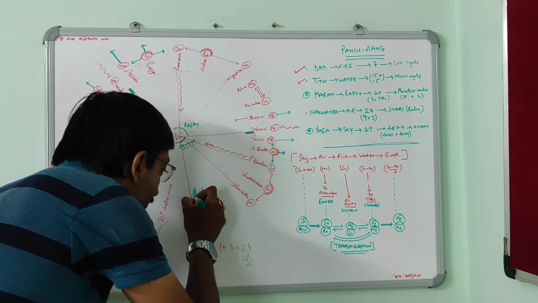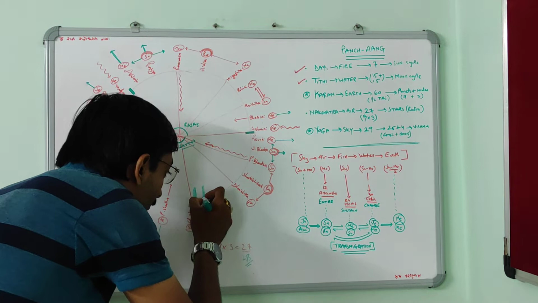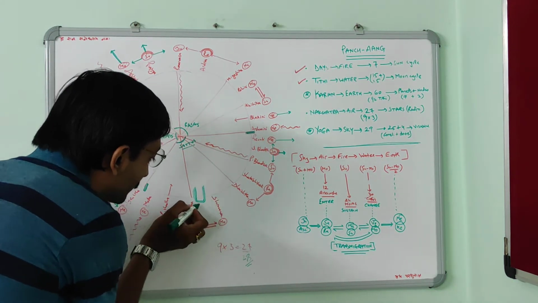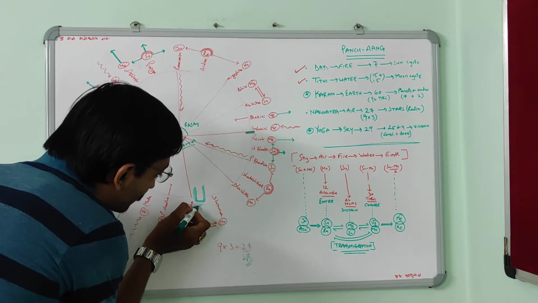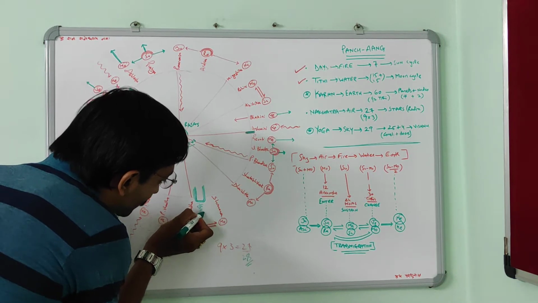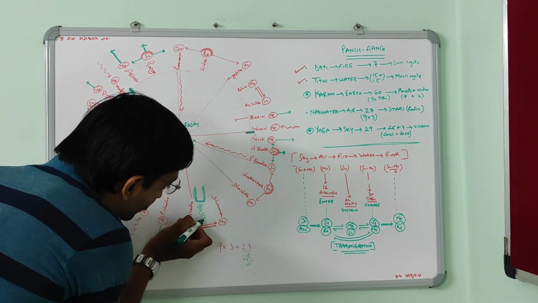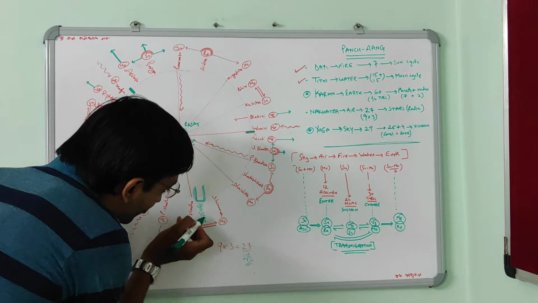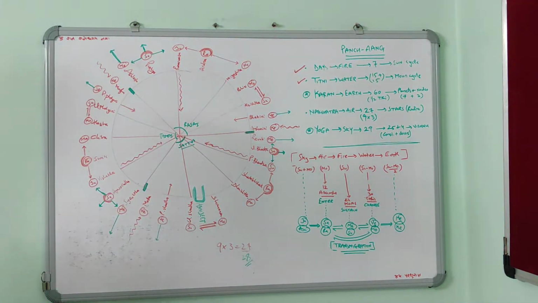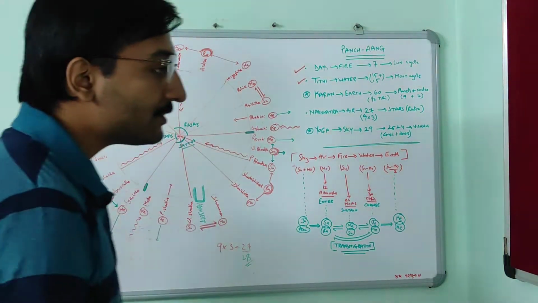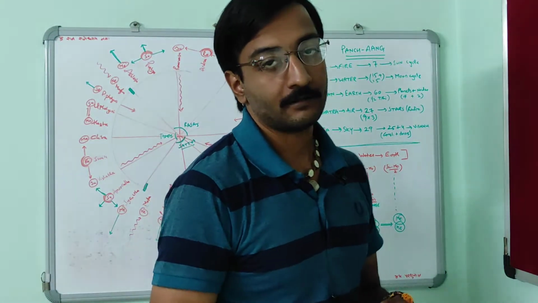Somewhere between Uttarashada and Shravana, there is one more nakshatra which is Abhijit Nakshatra.